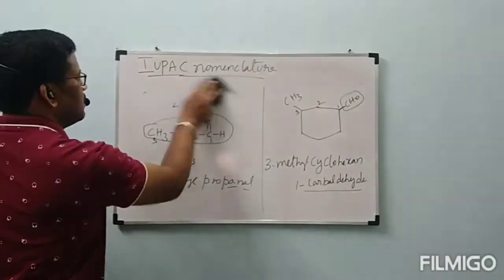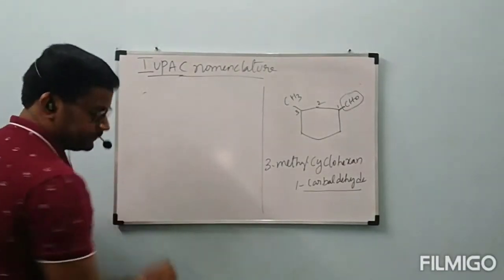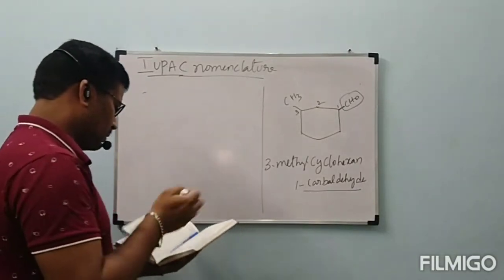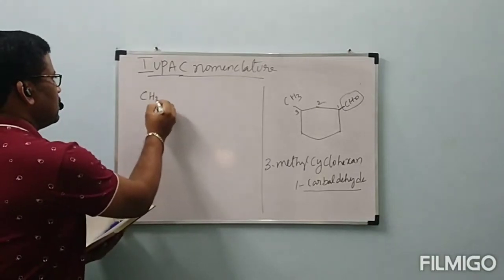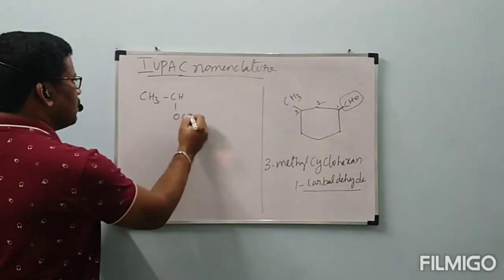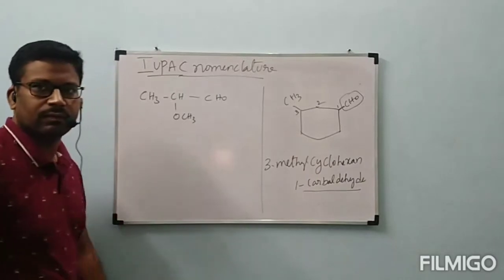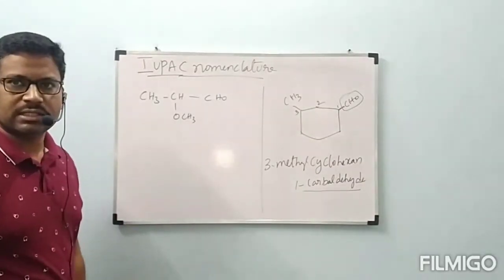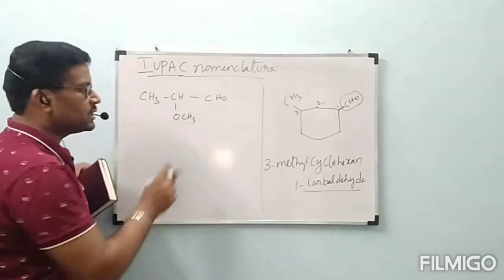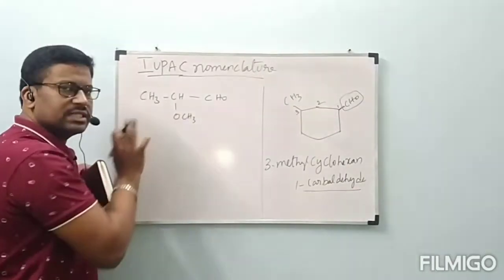Next one: CH3CH(OCH3)CHO. Now, in this compound we have two functional groups: aldehyde and ether, ROR.